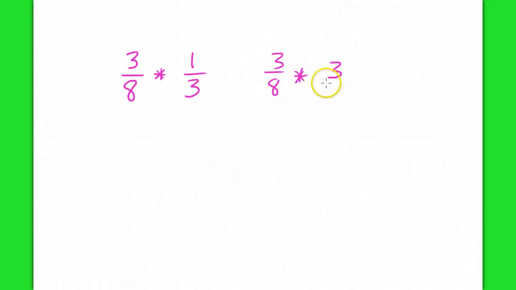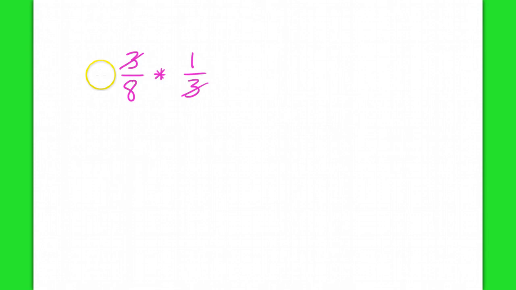Now 3 is the same as 3/1, right? Actually, you know what? Ignore that little one. We know that we can cross cancel here, and we just explained because we're increasing by factors of 3. But I want to do a different one.